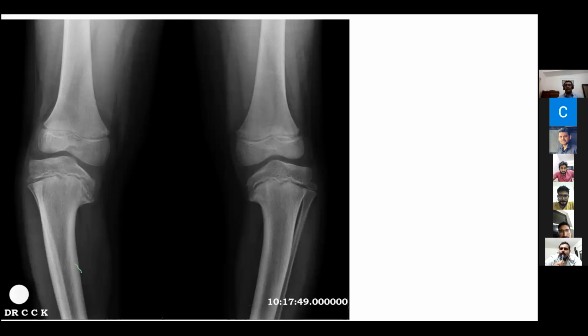Your net connection is not that good. Okay, Abin. What else? They have mentioned three features: a sloping epiphysis, irregular growth plate on the medial side, and metaphyseal beaking. Now, what else do you see? Two more features.